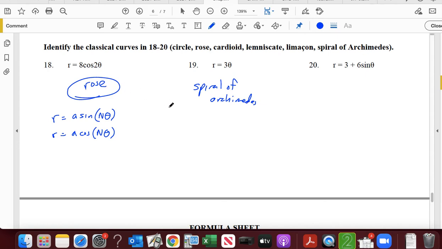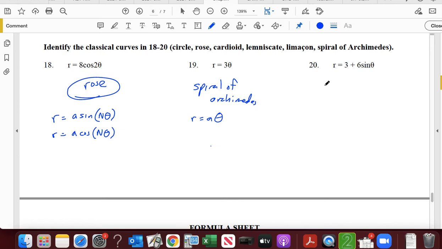And remember, it's basically a curve where the radius just gets larger and larger the more you go, which makes sense why, if you were plotting this, the radius just gets larger and larger as you go. So that's why it makes that spiral. And remember, that's just r equals a theta, so any multiple of theta is a spiral of Archimedes.